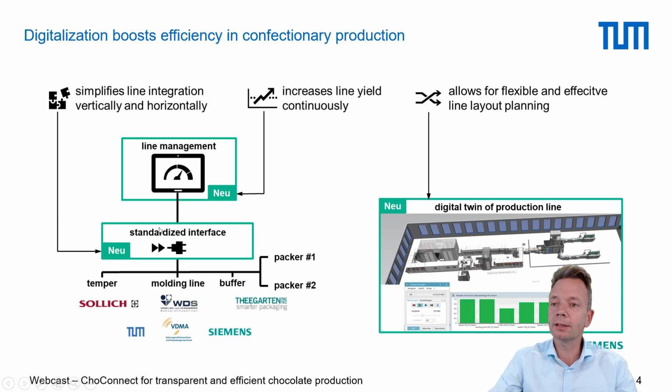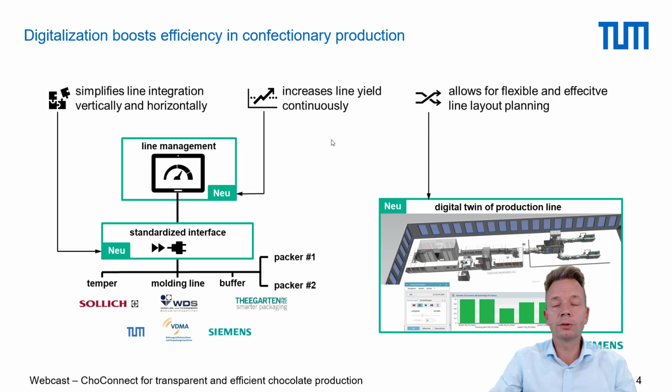So a standardized interface should simplify the line integration vertically through to the MES line management system, and horizontally I showed the use case of the decentralized line control. This of course is to increase the line yield and the line efficiency continuously.